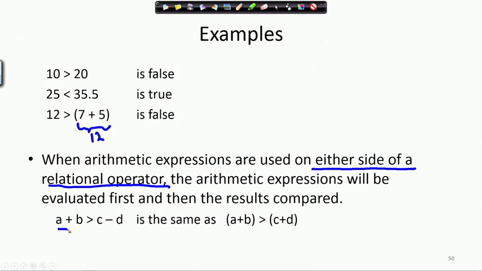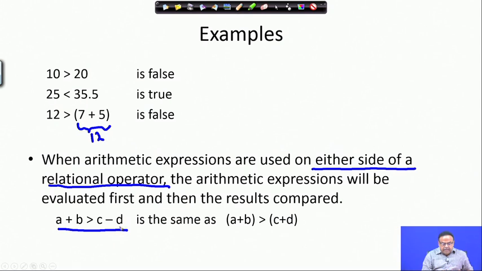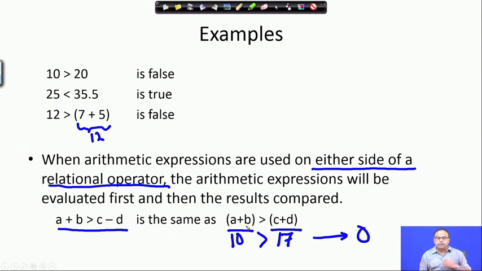So, if there be something like this, a plus b greater than c minus d, that is equivalent to, first I will compute a plus b, then I will compute c minus d, and then suppose a plus b is 10 and c minus d is 17, then this will lead to false. First these will be computed, then the relational operator will be computed.